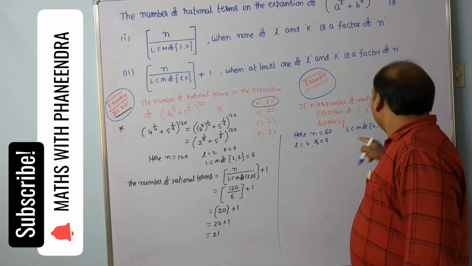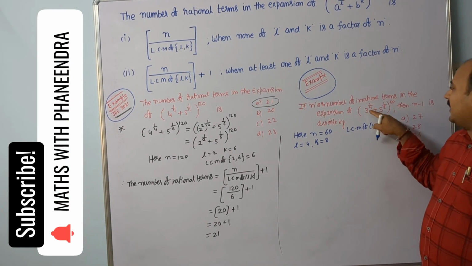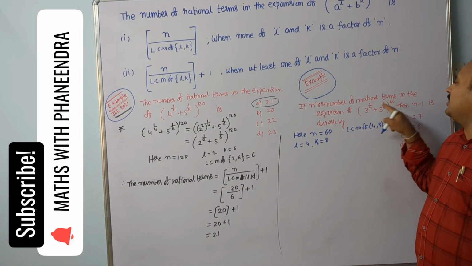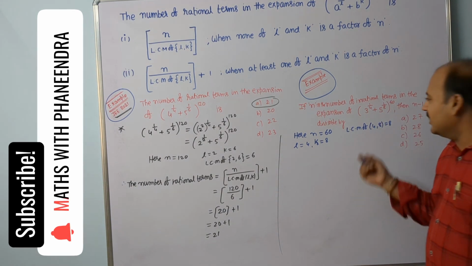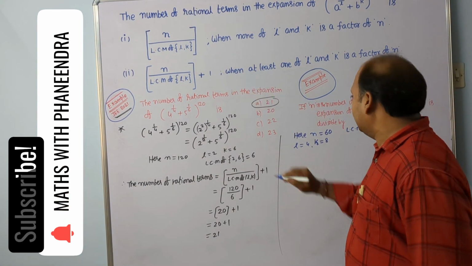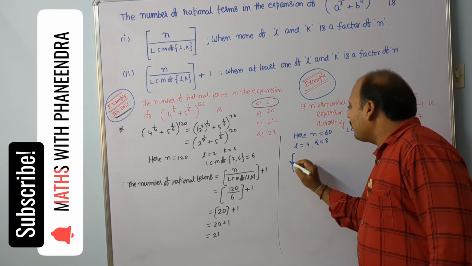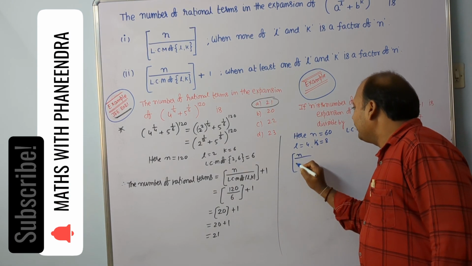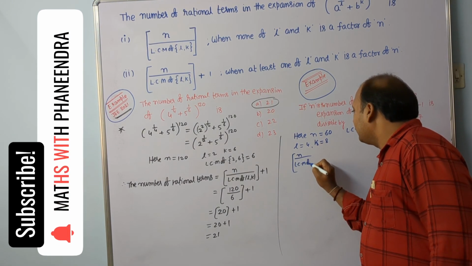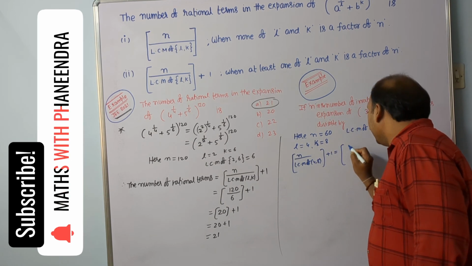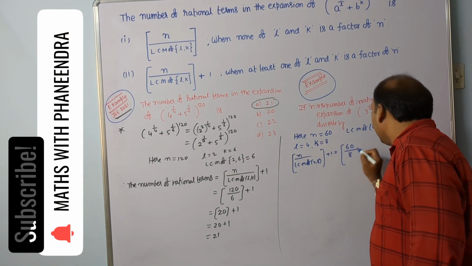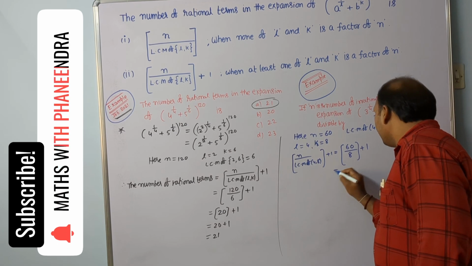So now, for 60, at least one of 4 and 8, 4 is a factor of 60. So factors are there, which means we can go like this. So the number of rational terms is n by LCM of 4, 8, plus 1. So n is 60 divided by 8, plus 1.